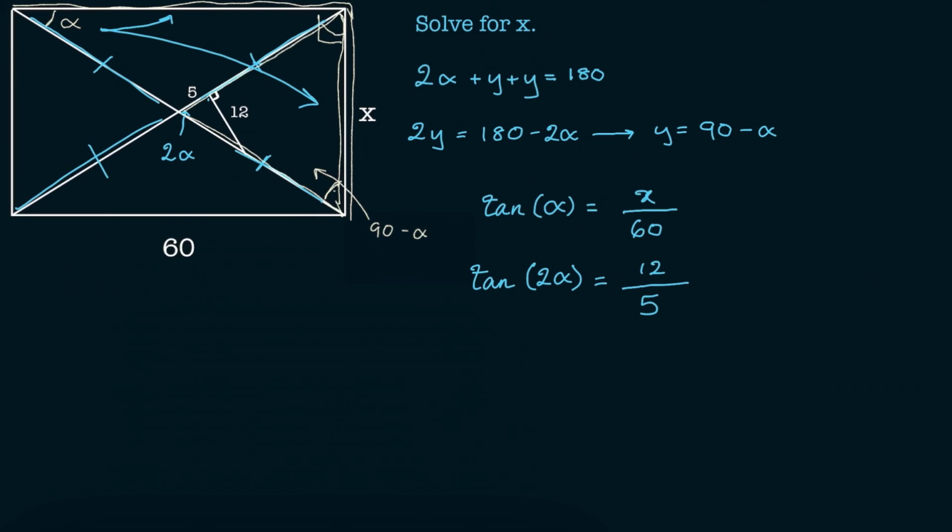Alright, now we're going to use a small theorem, which I'll write up here. The tangent of any angle, let's say theta, is equal to the sine of that angle divided by the cosine of that angle.